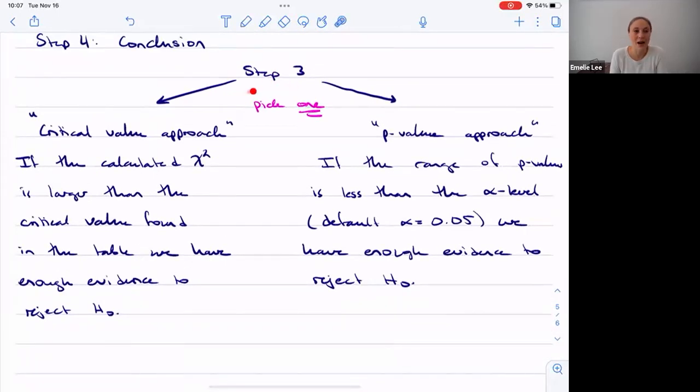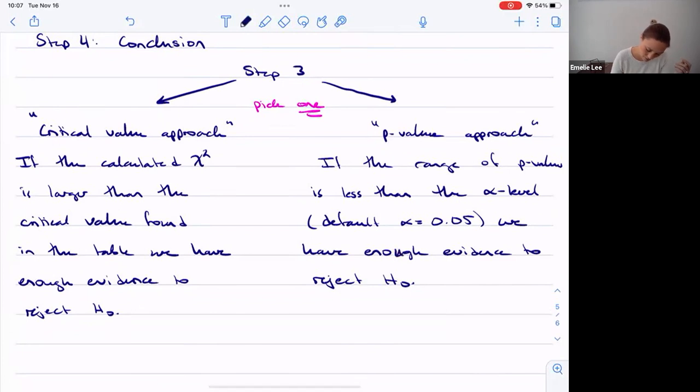So depending on how you tackled step 3, right? You only have to pick one of these, then that's going to determine if you have enough evidence to reject H naught, or if you do not have enough evidence to reject H naught.